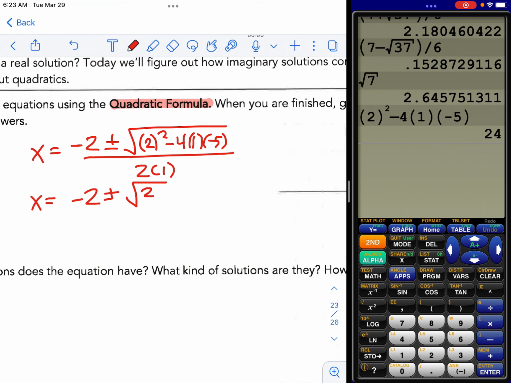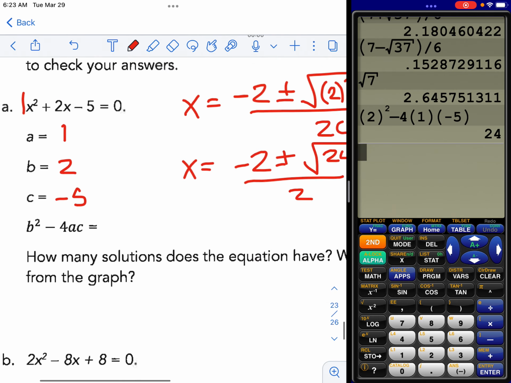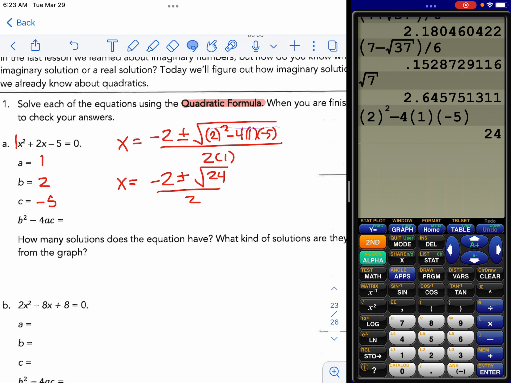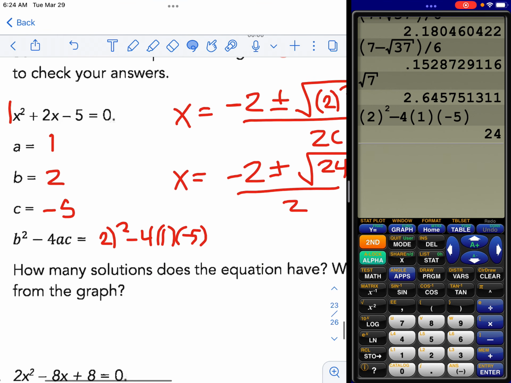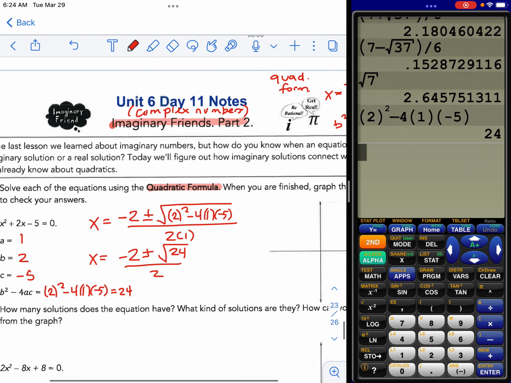So that's 24, all over 2 times 1, which is 2. That b squared minus 4ac, the discriminant, we could just grab this, duplicate it, and bring it over here. That's the discriminant. That's the 24.